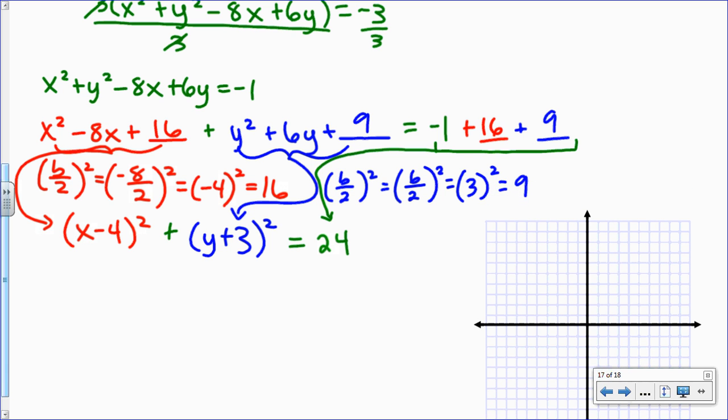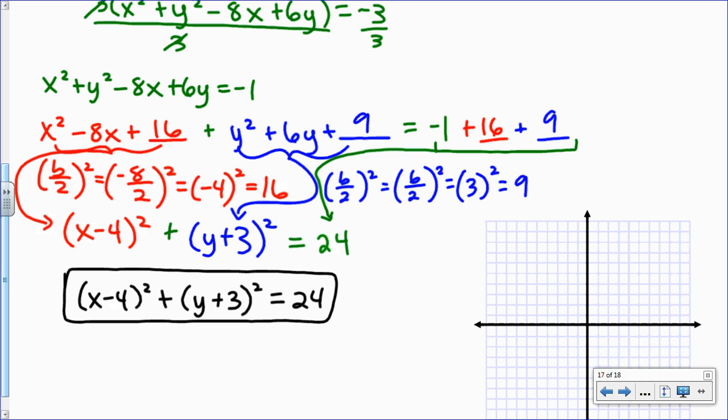I'm just going to rewrite it in black so it's all in one color now. So I have my x minus h and my y minus k and my r squared. So here's my equation. Now from my equation, I can find the center and radius and graph.